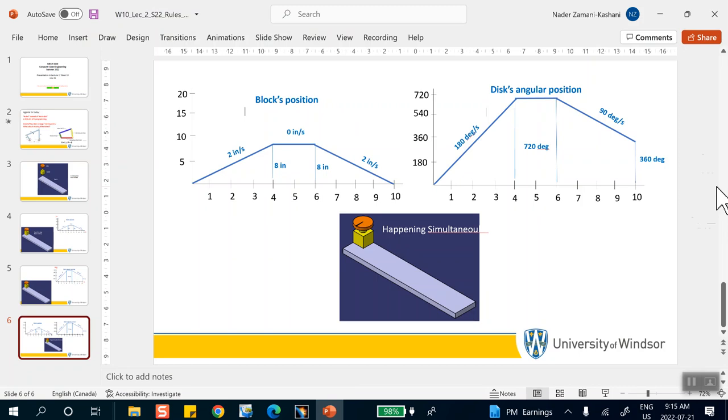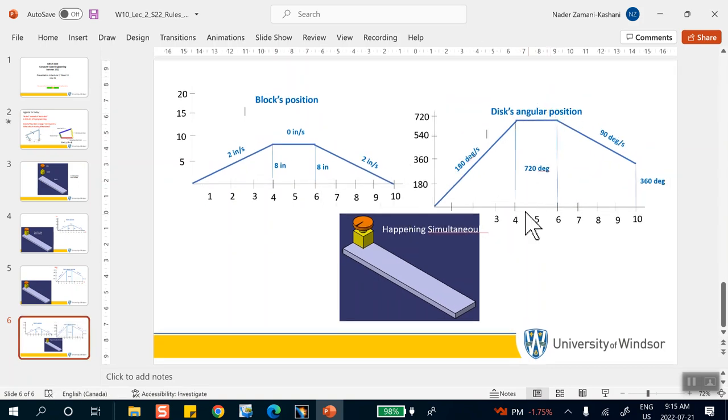So let me go and make one of these. I'm not going to make both of them. Oh, actually, you make both of them. How about that? Okay, so this has to be in front of us. Between 0 and 4 seconds, this is 2 inches per second, and this one is, I'm going to use these numbers, 108 degrees per second. Now, notice that these breakpoints are the same, 4 and 6, 4 and 6.